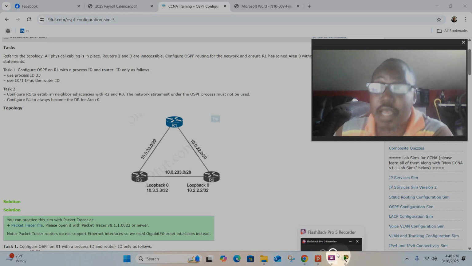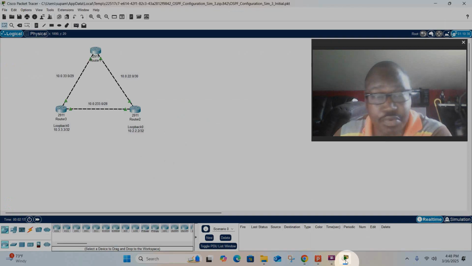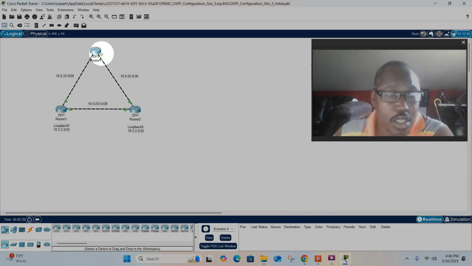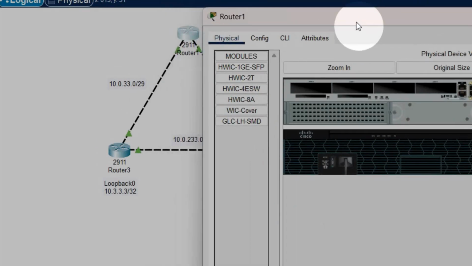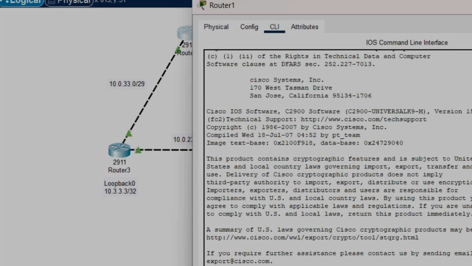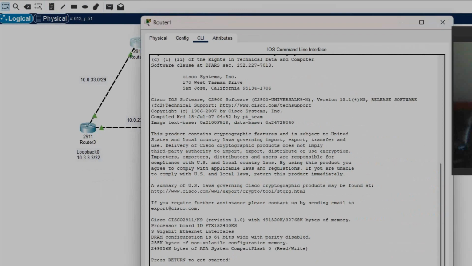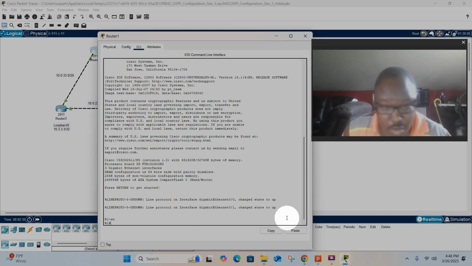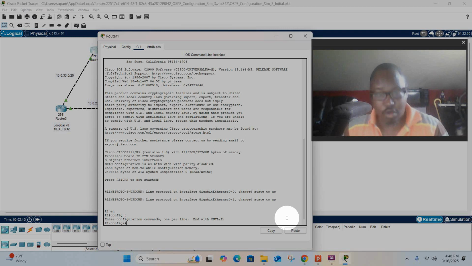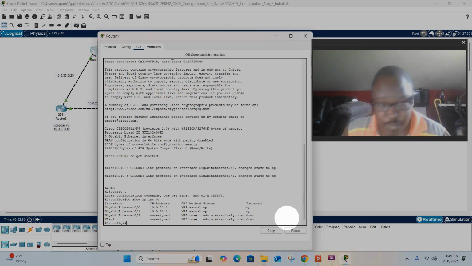So here I have the Packet Tracer version, and we're going to go ahead and pull that up. All right. And we're accessing router 1 right now. Let's move this over. I'm going to get right into the command line. Enable. Config T. So let's do a show IP interface brief.